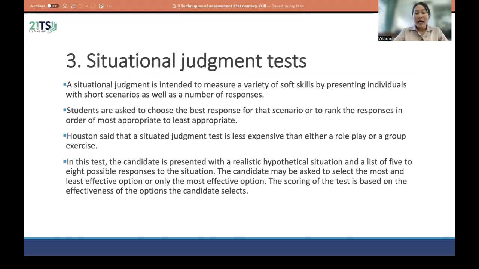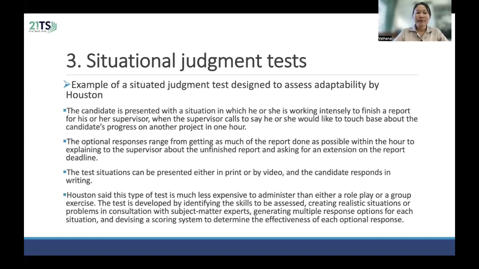Hudson said that a situational judgment test is less expensive than a role play or group exercise. In this test, the candidate is presented with a hypothetical situation and a list of 5 to 8 possible responses to the situation. The candidate may be asked to select the most and least effective options, or only the most effective option. The scoring of the test is based on the effectiveness of the options the candidate selects.